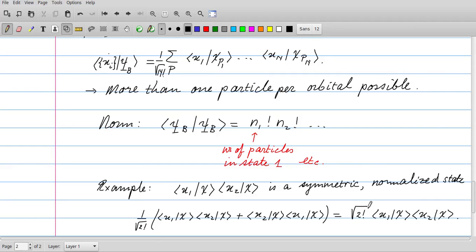And that's precisely what this formula says too, because this is the norm squared, and so in that case we would just have the square root of 2 factorial squared, which gives me 2 factorial.